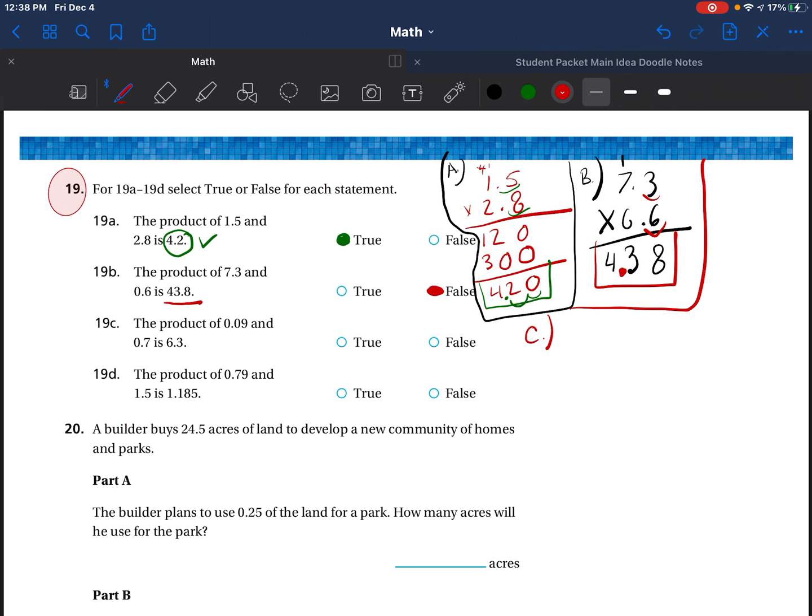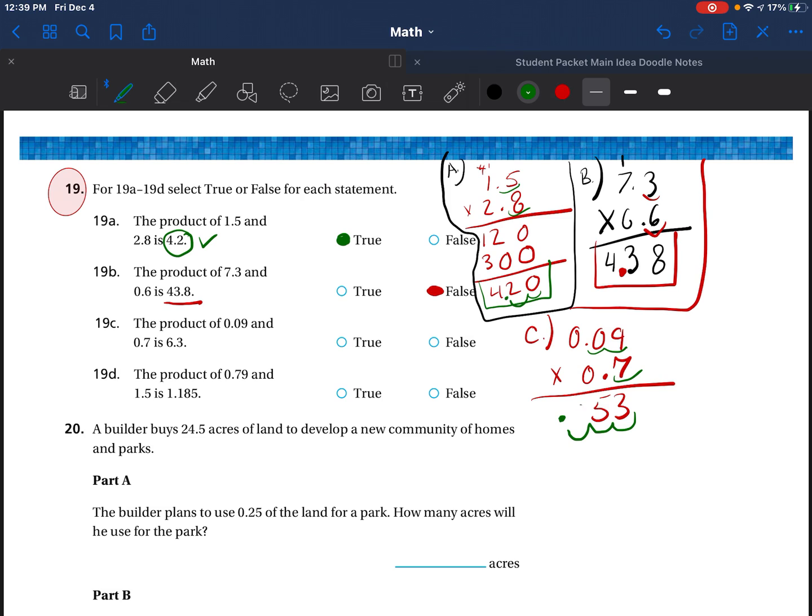Next up is C, and that is 0.09 times 0.7. We can just do 7 times 9 here, and that is 63. And then we just have to count our decimal places. So we got 1, 2, 3 decimal places.